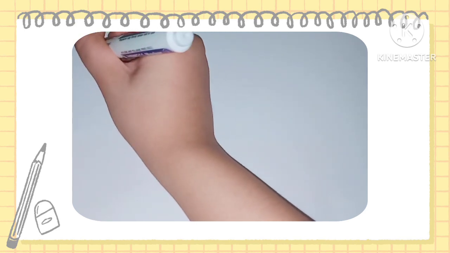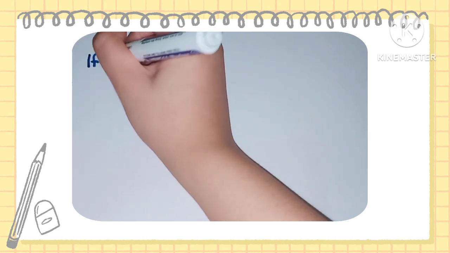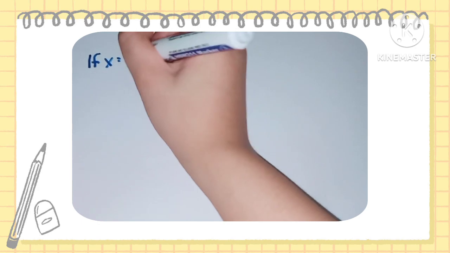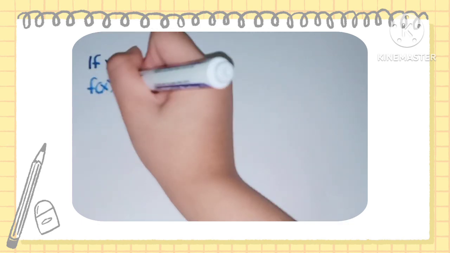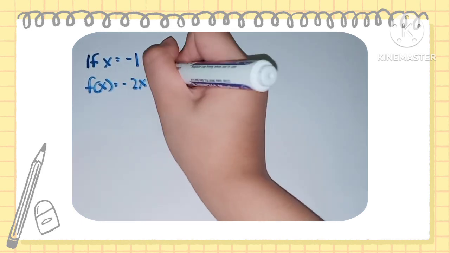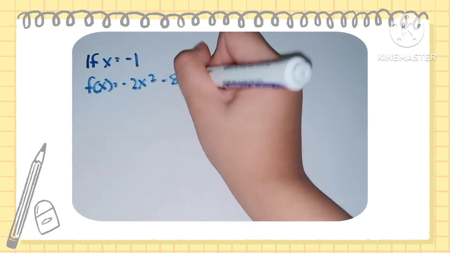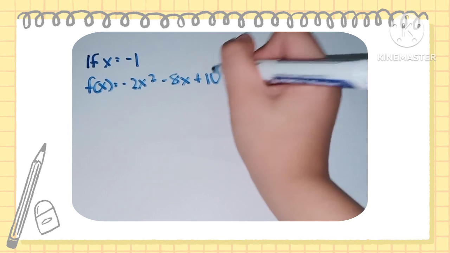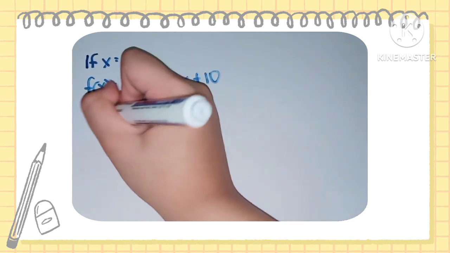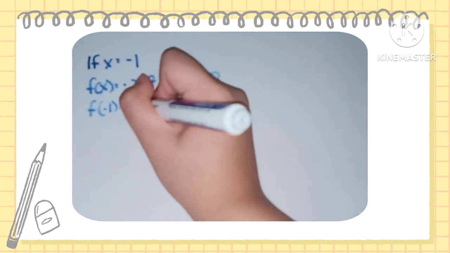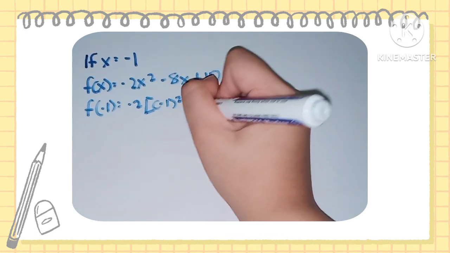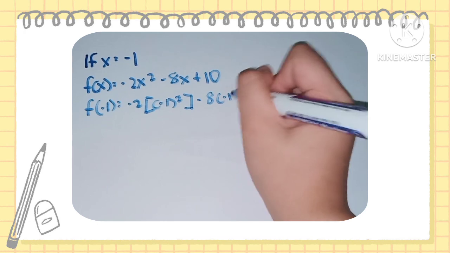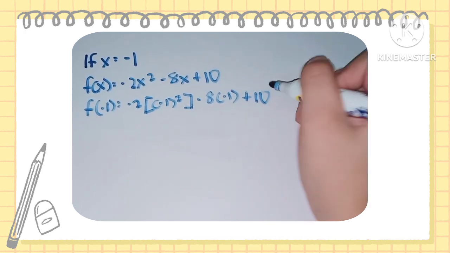We are just going to repeat the process if x is equal to negative 1. We are going to copy the equation. f of x is equal to negative 2x squared minus 8x plus 10. We're going to substitute. f of negative 1 is equal to negative 2 times negative 1 squared minus 8 times negative 1 plus 10.